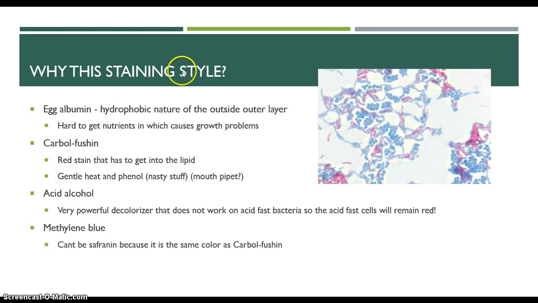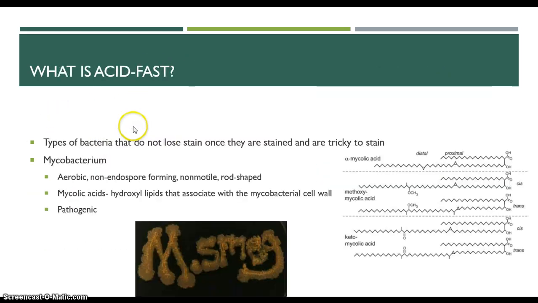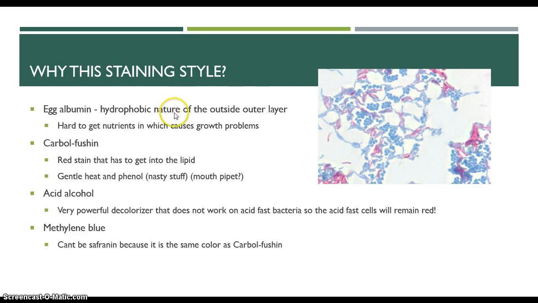So why do we use these specific things? Egg albumin, if you remember from back here, these are very hydrophobic things, and so water doesn't mix well with them. We have to use egg albumin, which is, I think, protein-based, in that it acts as almost an emulsifier. An emulsifier is something that can combine hydrophobic and hydrophilic things.